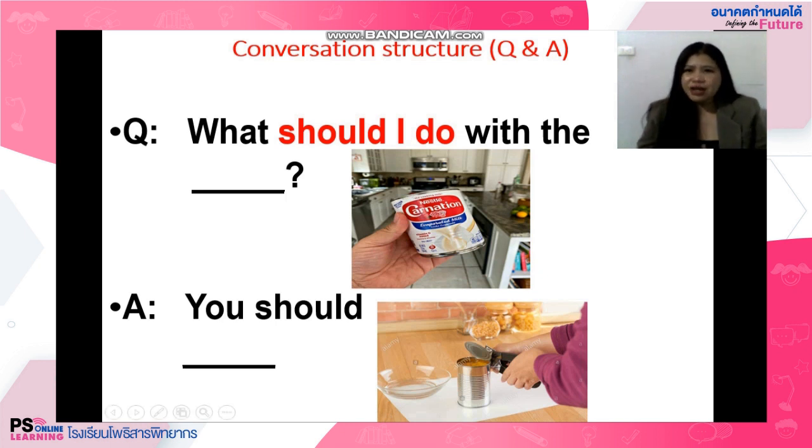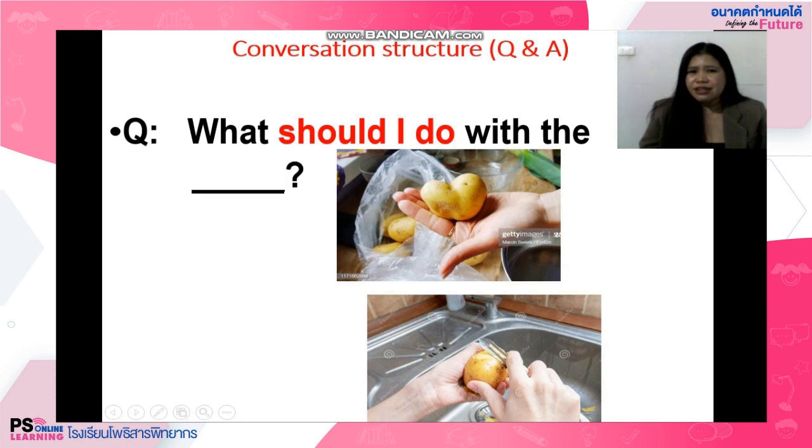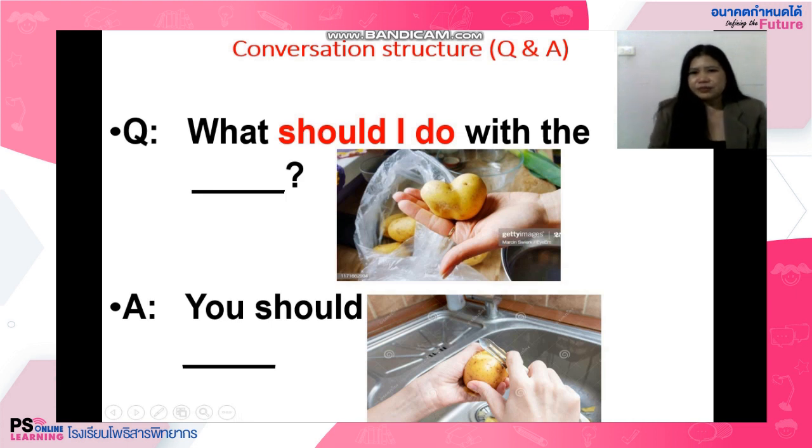Last example before I move on to the next conversation structure. I guess you already get this one. Okay, so we have this. Look. What is this vegetable? And then what is the action for the answer?